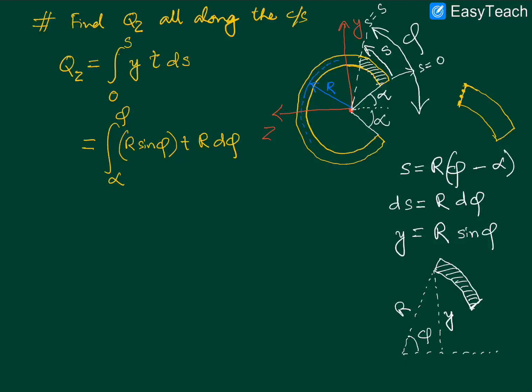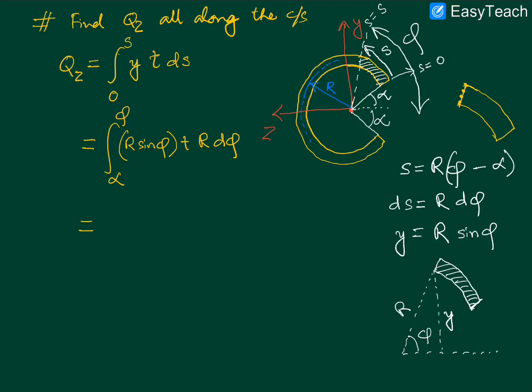We have to be extra careful to note that phi does not start from 0, because the 0 for phi is on this horizontal axis. We are not interested in any point there. We want to start from this point, which is s equal to 0. So s equal to 0 corresponds to phi equal to alpha. And any generic point s equal to s is just phi. So the upper limit is no problem.